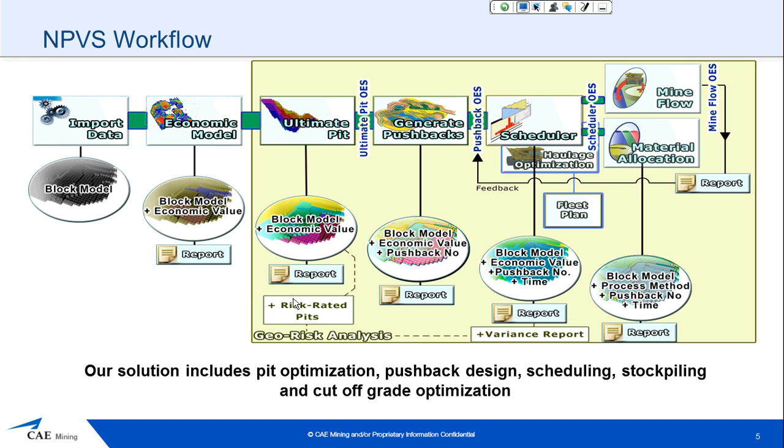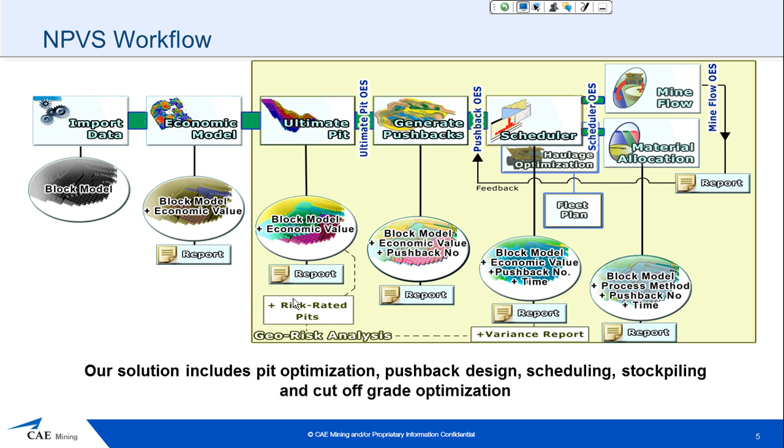So this is a brief overview of what NPVS does. The first step in NPVS is that we import our data. All that needs to be is a block model. We can also import other things such as strings and wireframes. Once that material is in, we do up the economic model, which applies a value to each block.